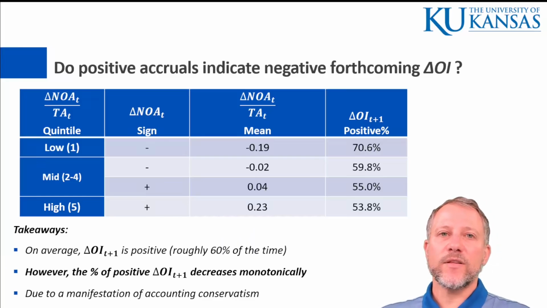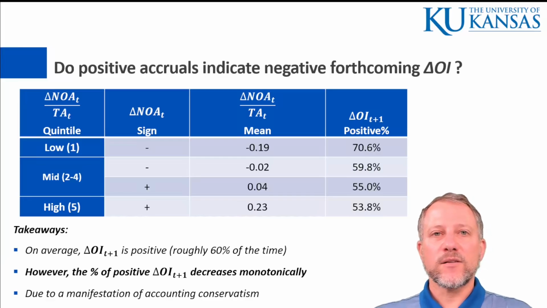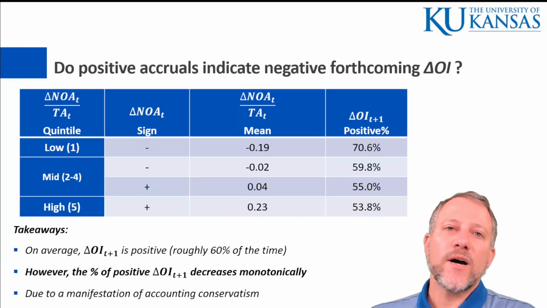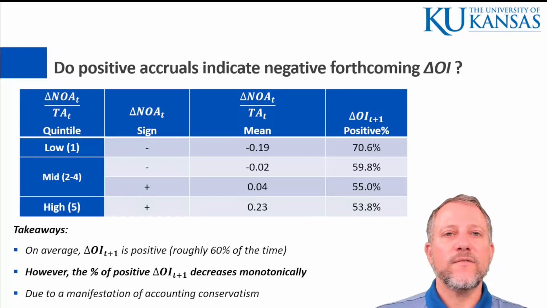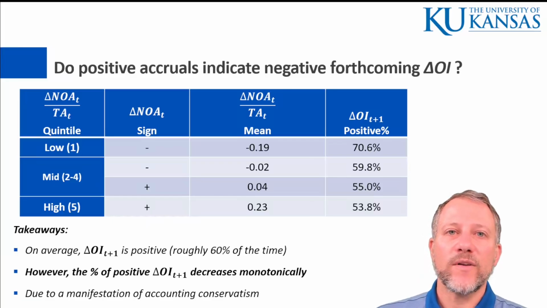So let's start with the accrual component, and let's look at some data similar to how we did when we were looking at the growth forecasting perspective. Now, instead of doing a strict 2x2, we did a bit more of a ranking here to show degrees of accruals. Every year we sorted companies into 5 buckets or quintiles based on their level of accruals, which is, again, the change in net operating assets.